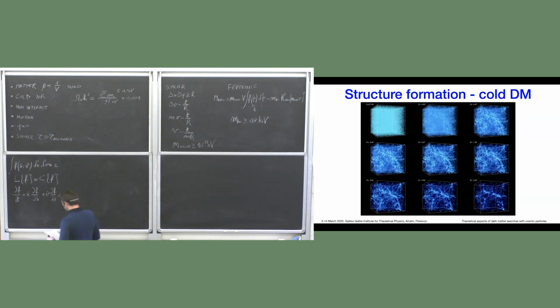The solution to this equation, you can find it using the Jeans theorem. And you can find that the solution can be found by assuming that the phase space can be written as a function of energy, where energy is basically the gravitational potential plus the kinetic energy.